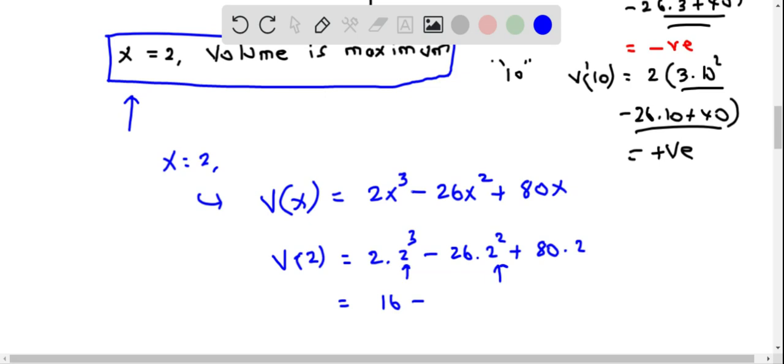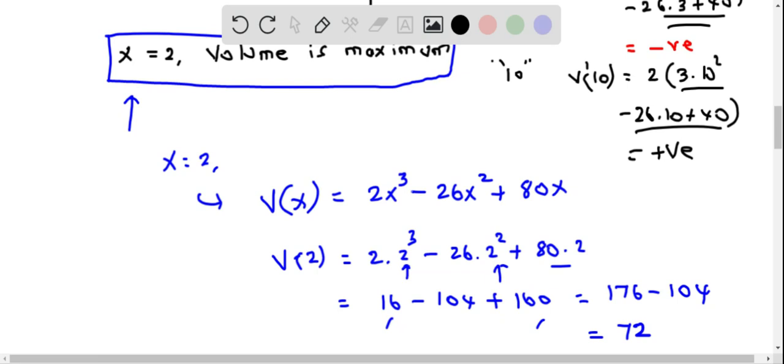So 26 times 4 is 104, plus 80 times 2 is 160. So 16 plus 160 is 176 minus 104, and this gives us 72. So therefore, we see that the maximum volume of the box is 72.